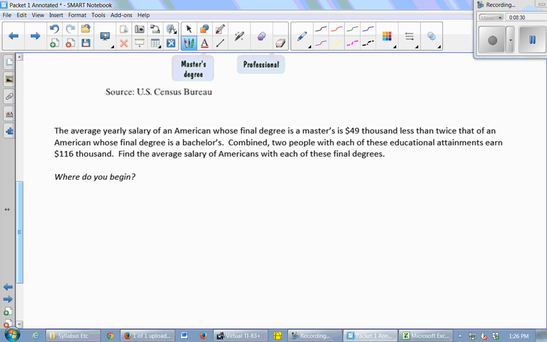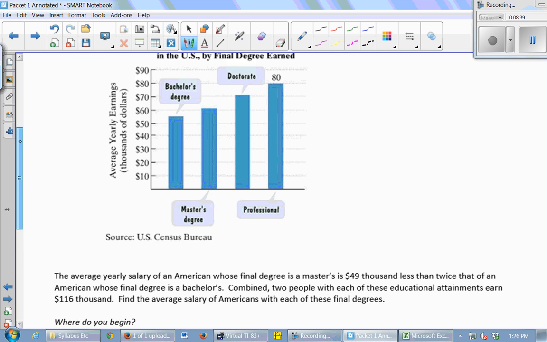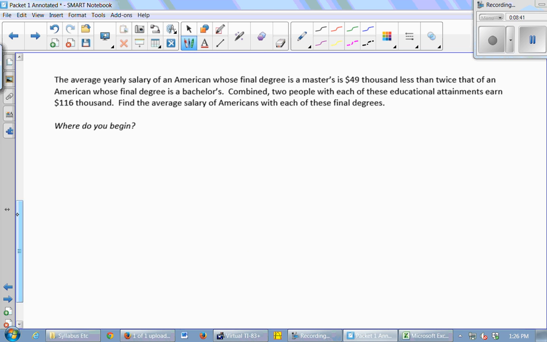We want to find the average salary for an American for each of these final degrees. All right, so we have an estimate. We can estimate from the table, right? But if I wanted to know exactly, where would I begin? What would I do? Before you start writing down expressions, what do you have to do? Define your variable. That should always be a first step.